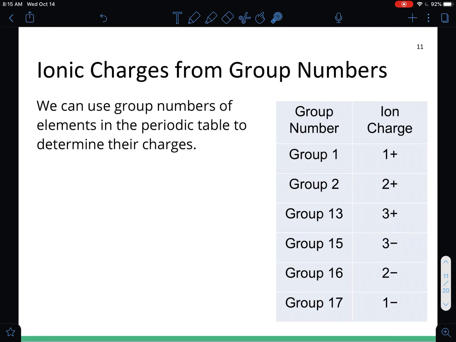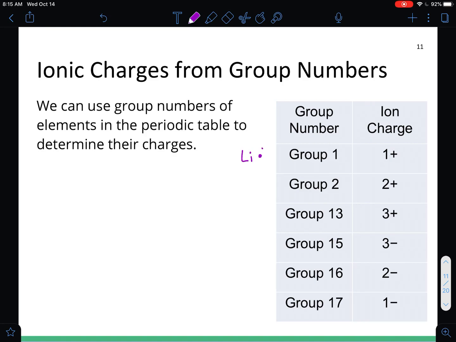All right, so when atoms bond, charges are formed, or ions are formed. The different ion charges are based on the number of valence electrons that an atom has. So because group 1 elements, lithium, they have 1 valence electron.